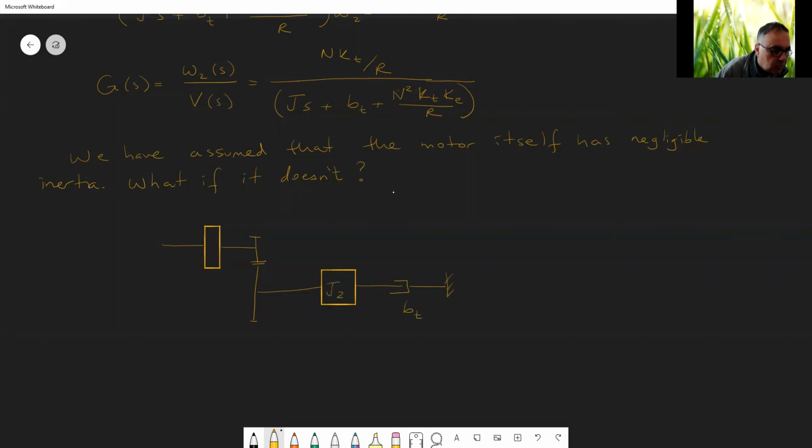This is J2, this is J1, which is the inertia of the motor. This is the gear hand, okay? And here, the motor generates a torque, Tm, the motor torque, and this is omega 1.